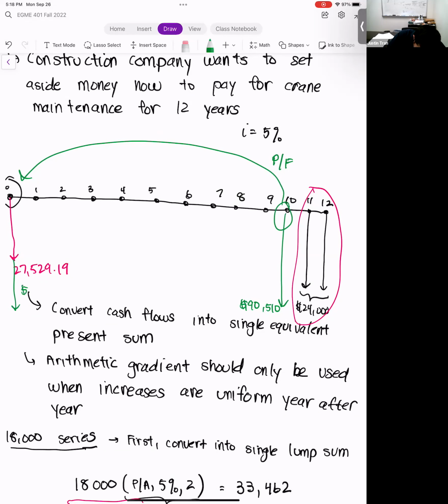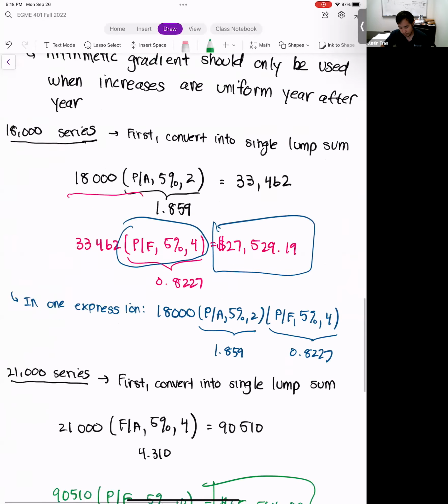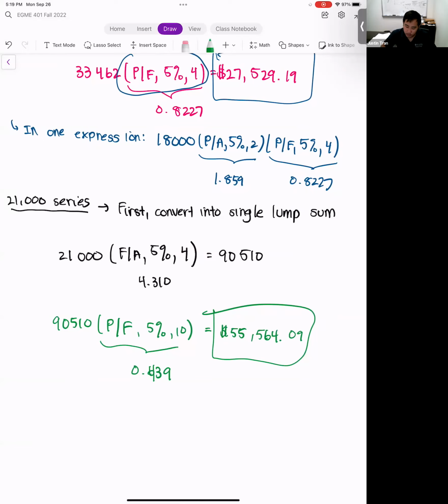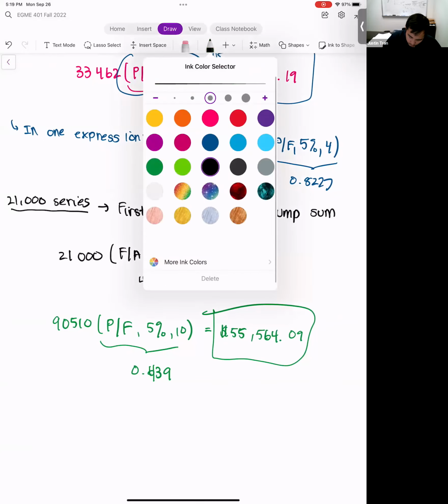All right, and so we've done basically the same things before. It's just that we took a little bit of a different path to get there.